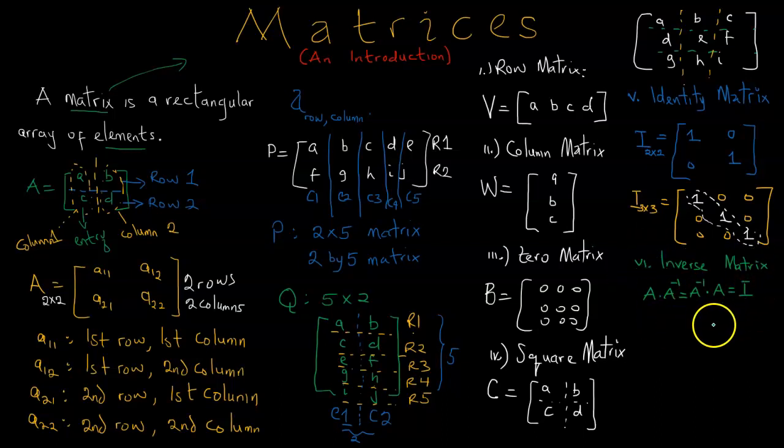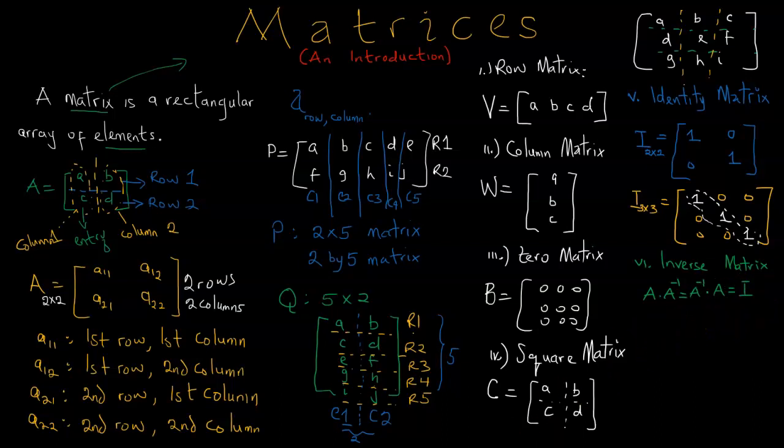So this is the relationship between a matrix, its inverse, and the identity matrix. A times A inverse would always give A inverse times A, which would give the identity matrix.